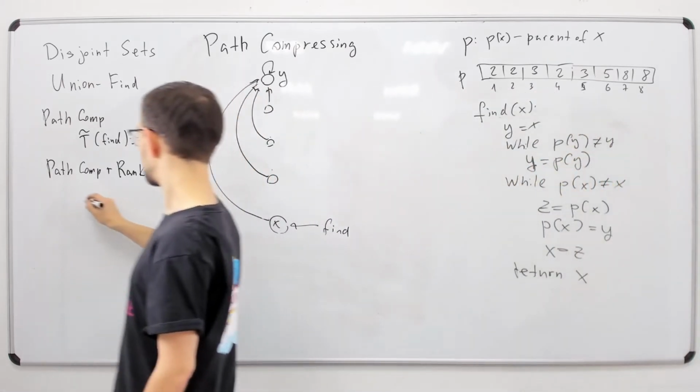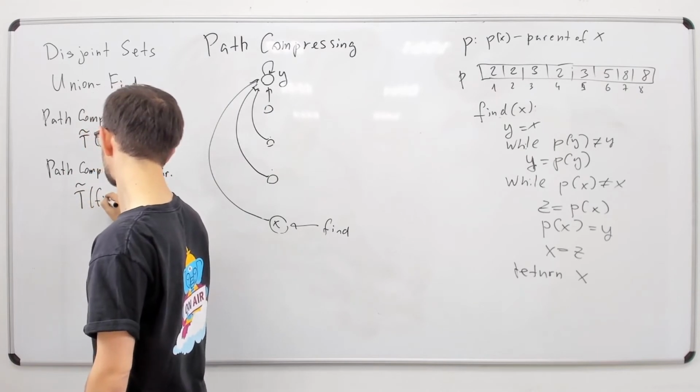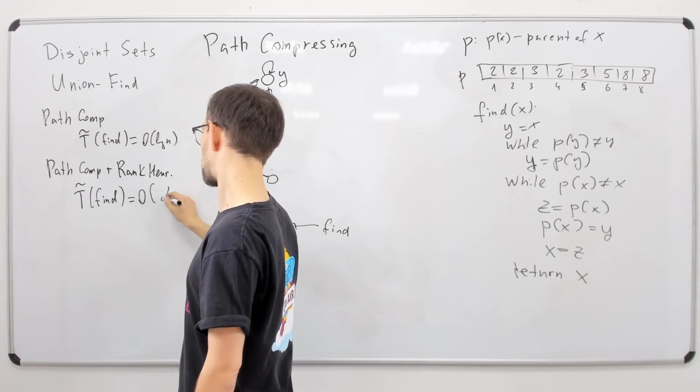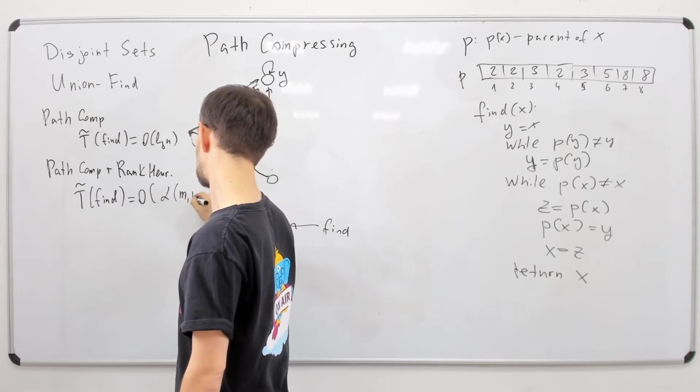So the amortized time of the find will be actually big O of inverse Ackermann function of m and n.